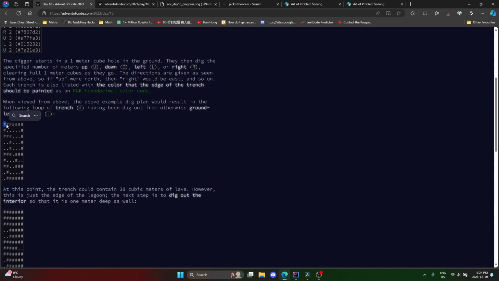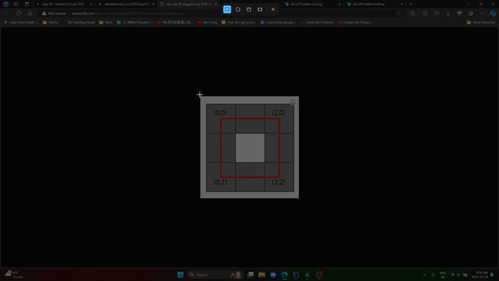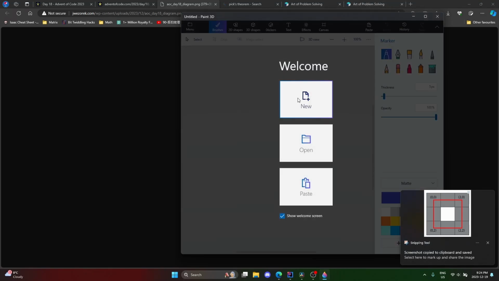So let's say you go here, right, and go 2 down. So what does that look like? Well, maybe I should just do this so that I can demonstrate what I'm talking about in a more visual way.